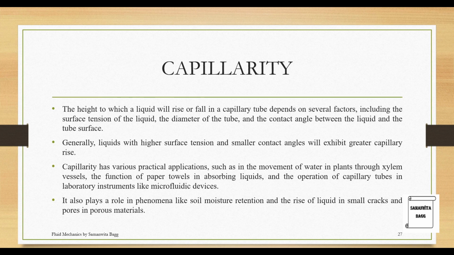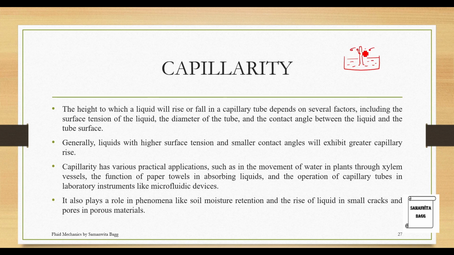For example, water in a tube will exhibit capillary rise. When you see this capillary tube inserted into a container filled with water, water rises here and forms a meniscus like this, and this is the surface tension which is acting on the surface.